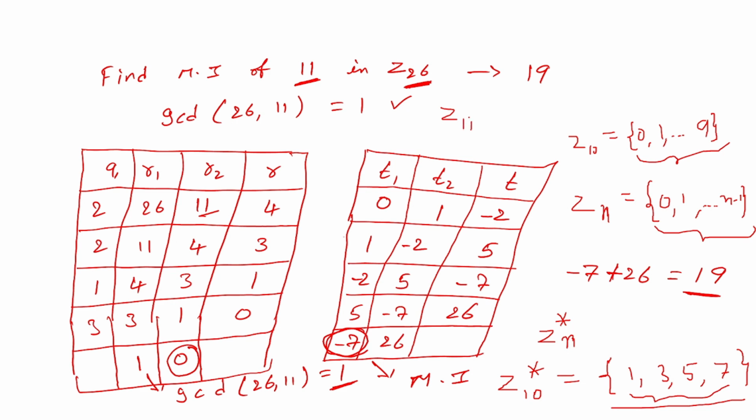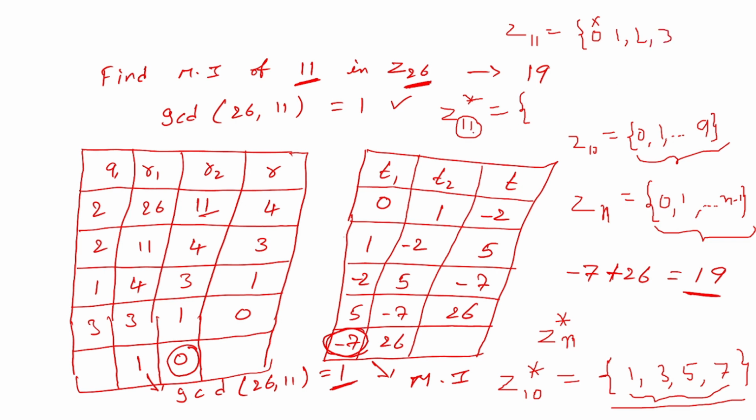Suppose, for example, you take Z11 star. Z11 star means 11 is a prime number. So it is a prime number. Whatever the values in Z11, all the values except 0, all the values contain multiplicative inverses.